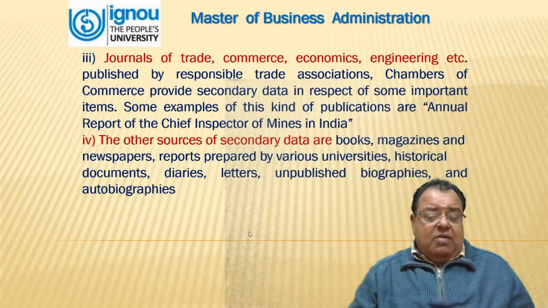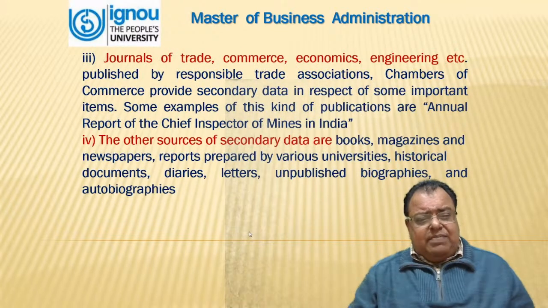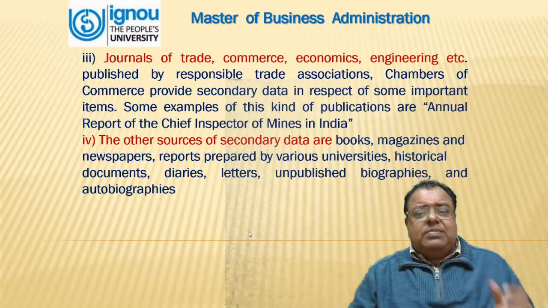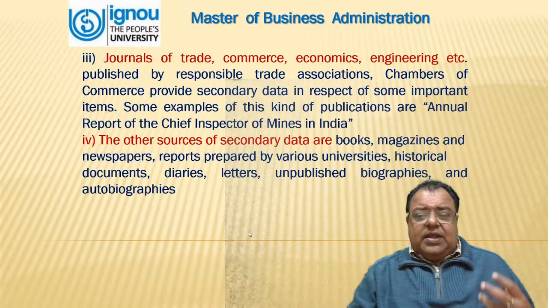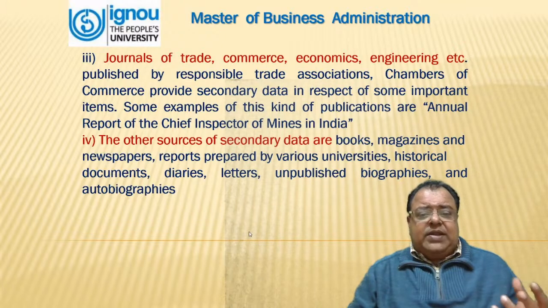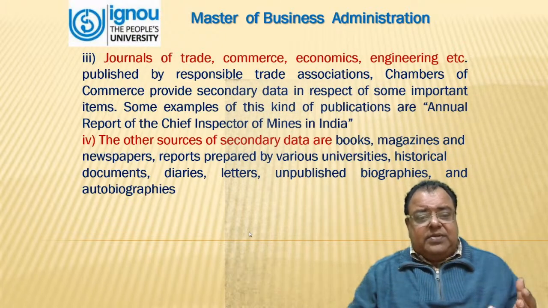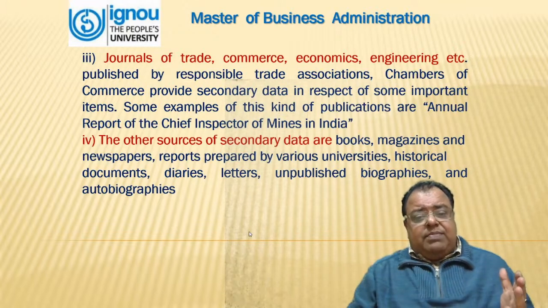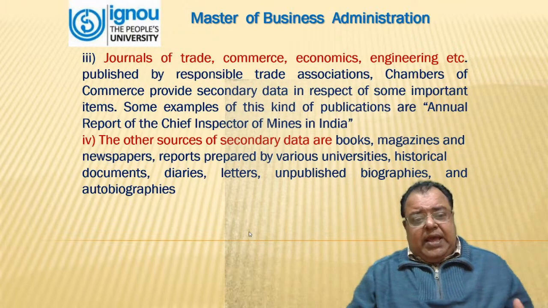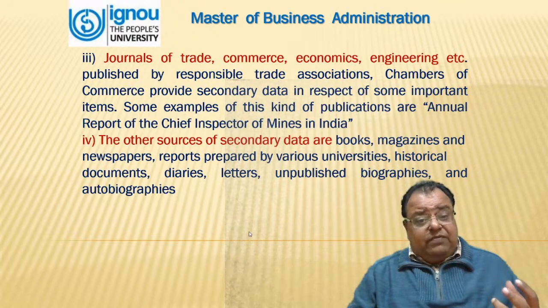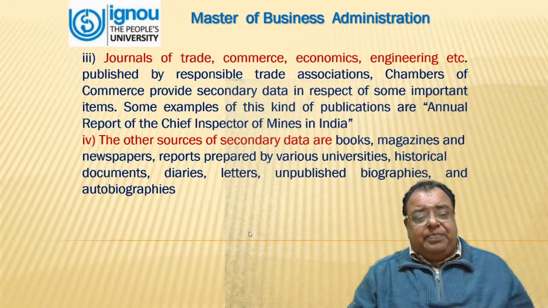Journals of trade, commerce, economics, engineering, etc., are published by responsible trade associations. Chambers of Commerce provide secondary data in respect of some important items. Some examples of this kind of publication are the Annual Report of the Chief Inspector of Mines in India.